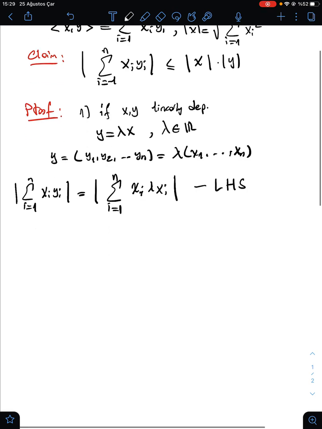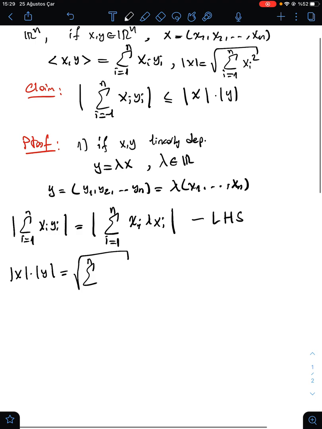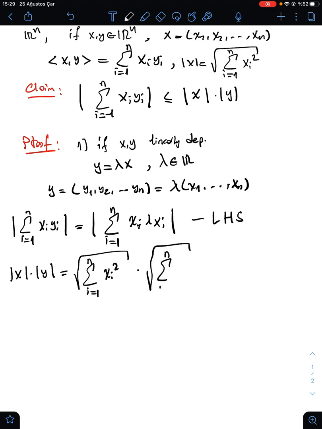So what about the product of their lengths? Just remember this definition: the square root of the sum of xi squared, times the square root of likewise lambda squared x squared.